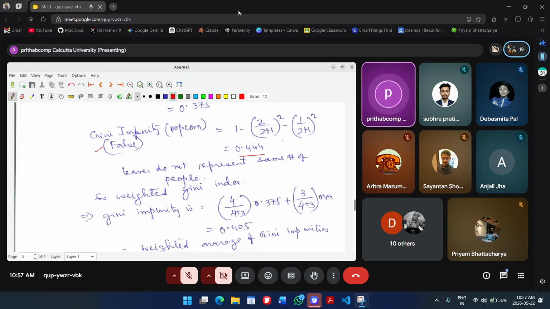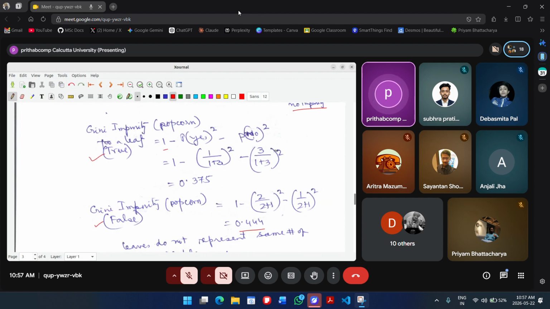next what we will do, remember that we have to then compute the weighted Gini index. So Gini impurity then is calculated as, if you remember that for every class, there are 2 classes, so that's why we have 2 components. So one Gini index we got 0.375. This is for the yes part and this is for the no part of popcorn. Okay. And this is what is the weight.